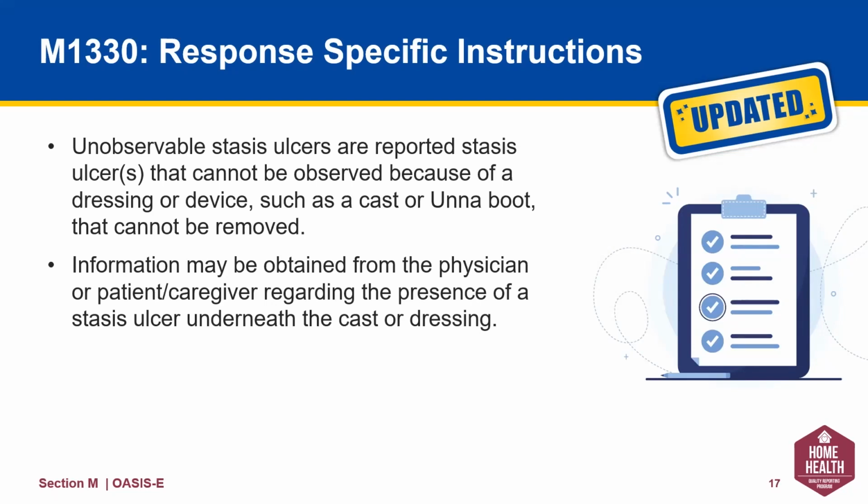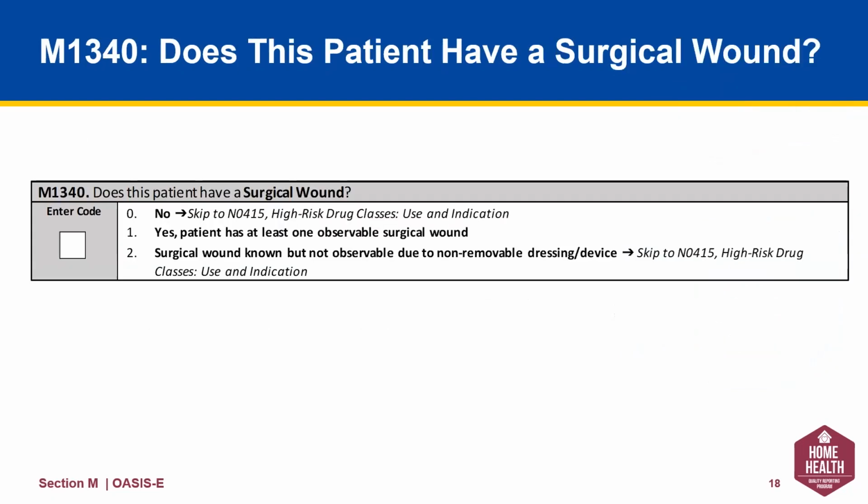Unobservable stasis ulcers are defined as reported but covered by a non-removable dressing or device, such as a cast or an Unna boot. Collaboration with others is permitted. Note that if you have coded M1330 as 3, you will move directly to M1340.